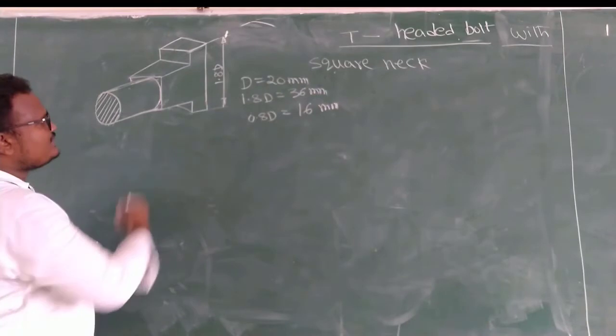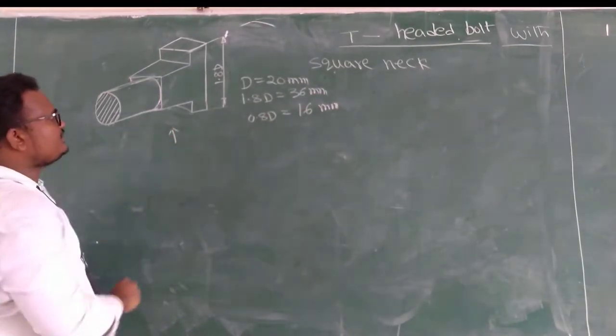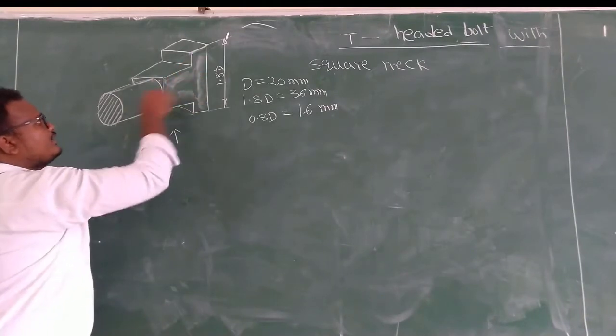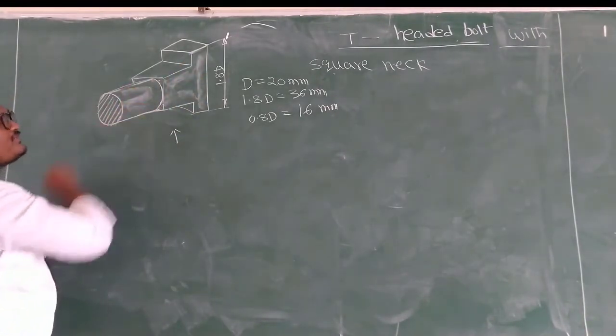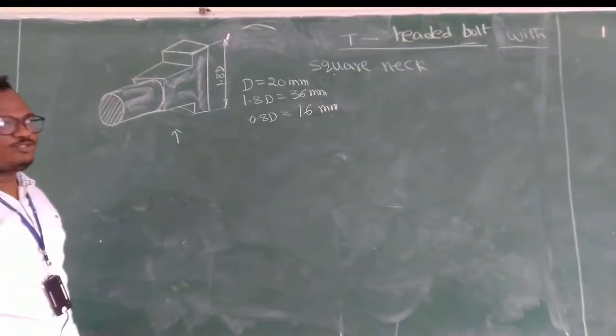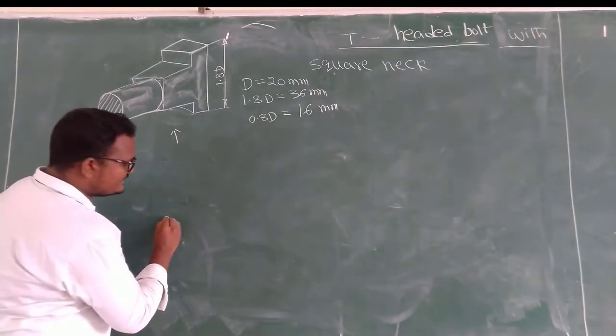From this direction, this part is visible, and next this part is visible. What is the height here? 1.8 into D. First of all, draw the axis line.